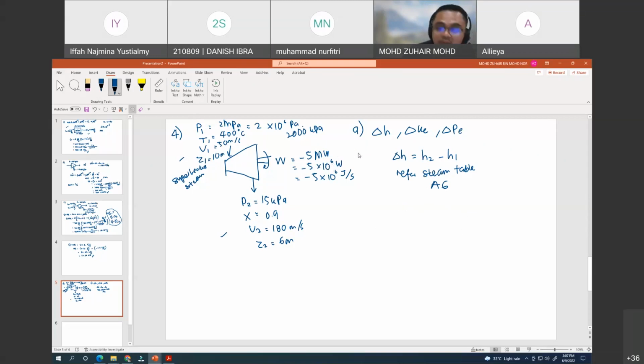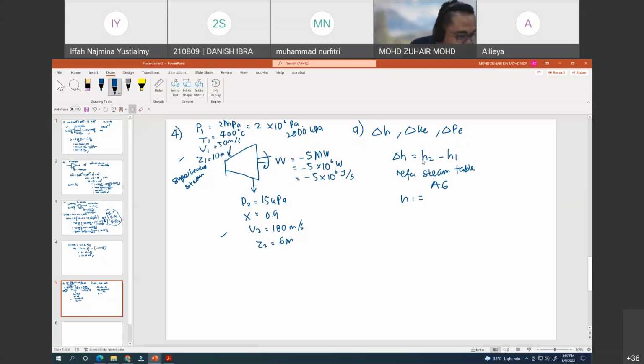So for H1, berapa dapat? Anyone can tell H1 at 400 degrees and 2 megapascal? Berapa value dia? H, berapa?